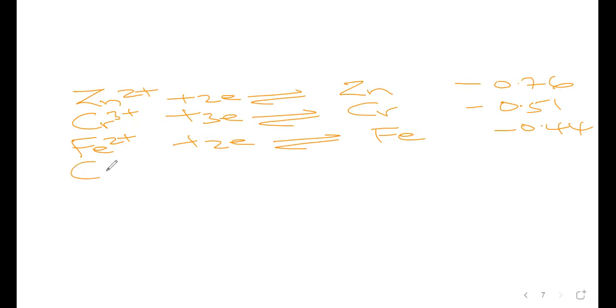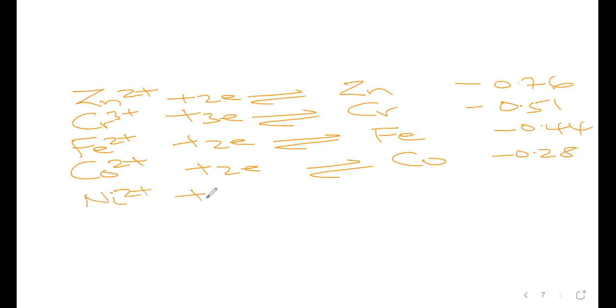After iron, you have cobalt. Cobalt is negative 0.28. After cobalt, nickel comes in. Nickel is negative 0.25.